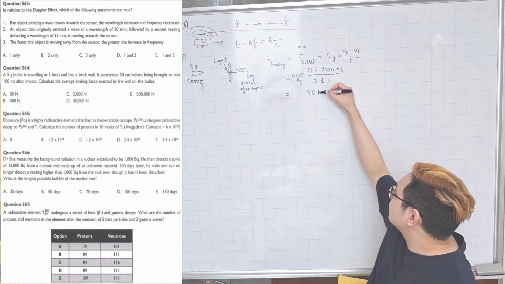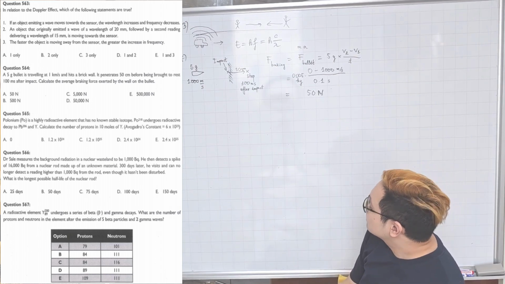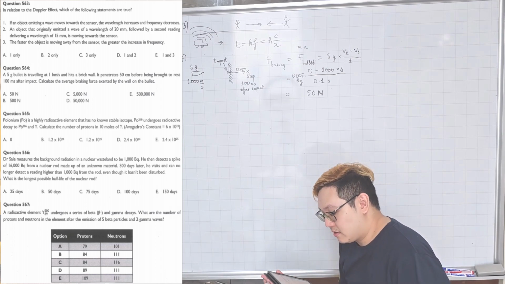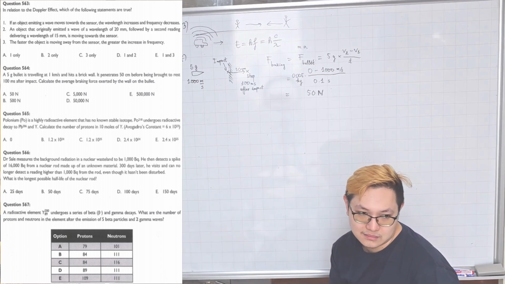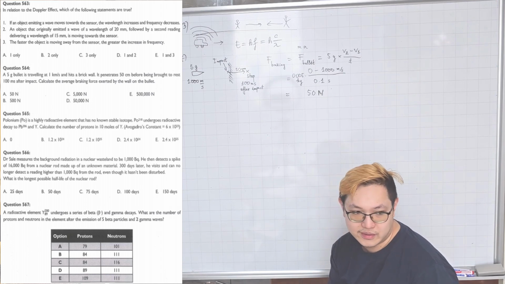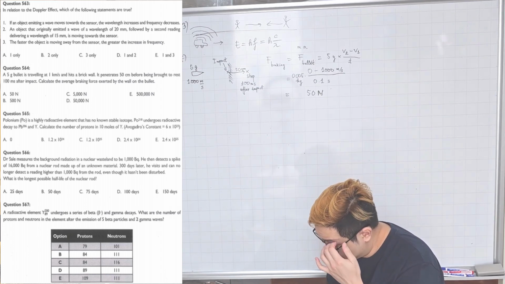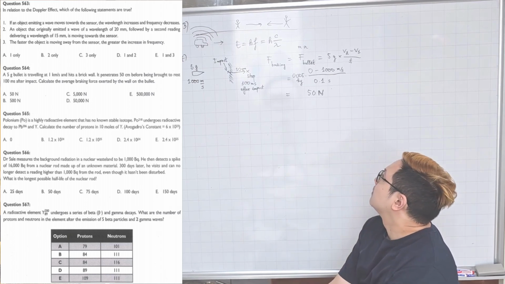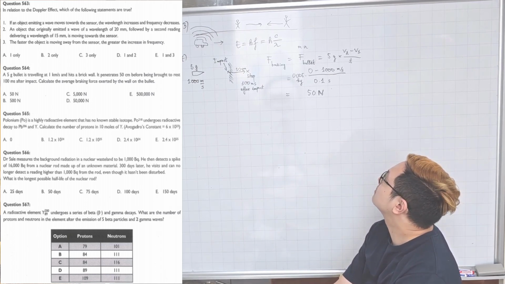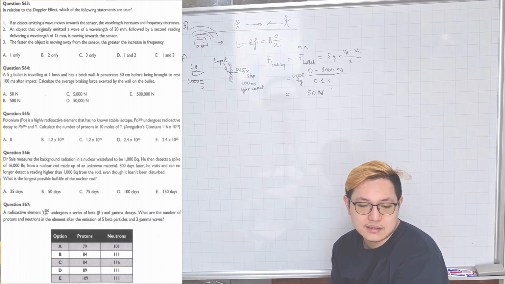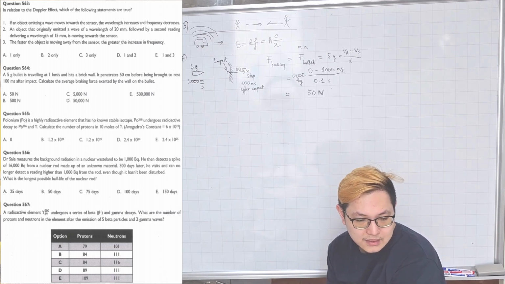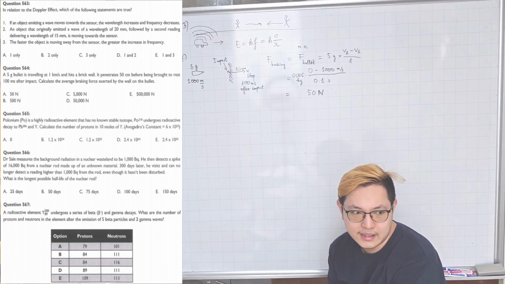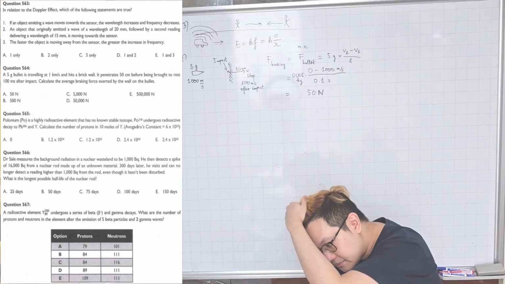So you can still be wrong even if you know the weight. You have to know the units very well. So it's 50 Newton, A. Remember, the SI unit of mass is kilogram, not gram.